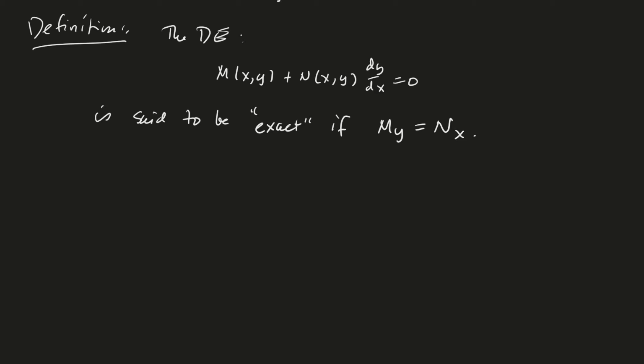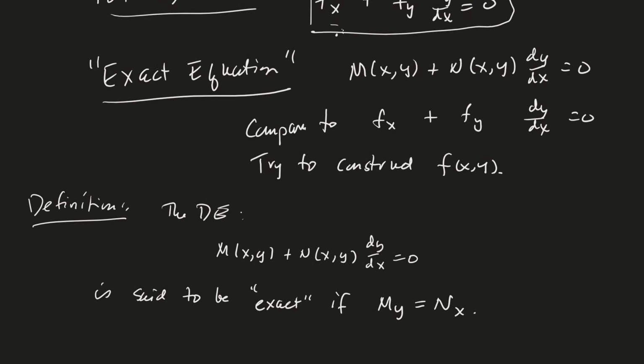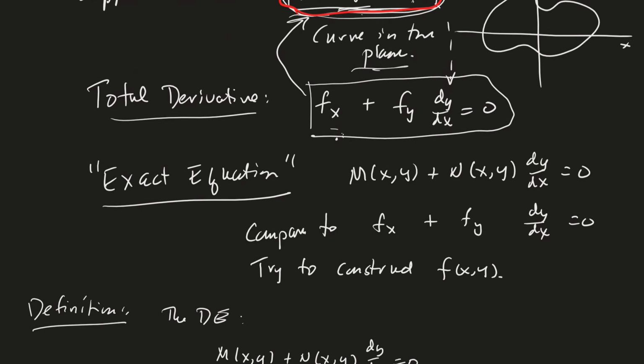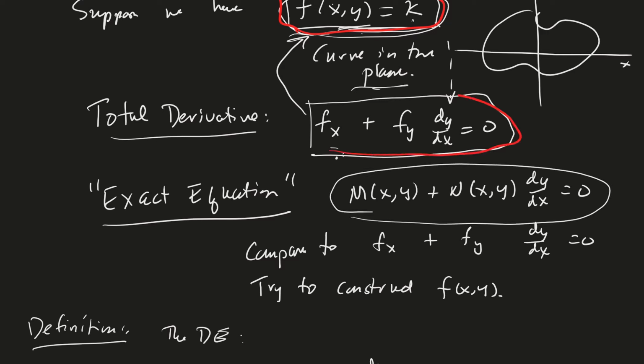Good. Now, if you remember our motivation, I said I wasn't going to do this, but I'm going to do it anyway. We're actually comparing our exact equation with the total derivative, meaning we want M to be equal to f sub x for some f, and we want N to be equal to f sub y.